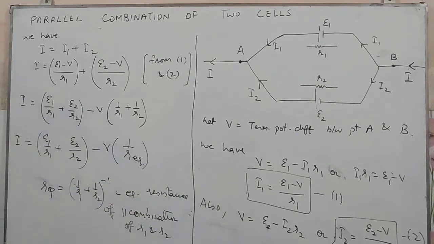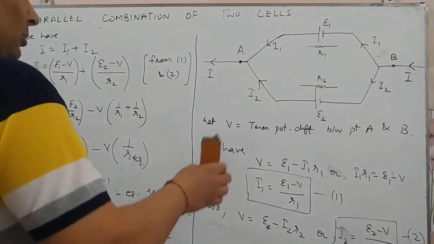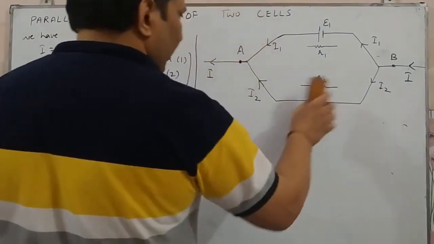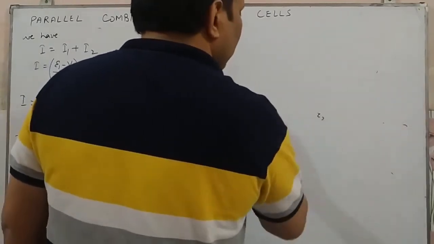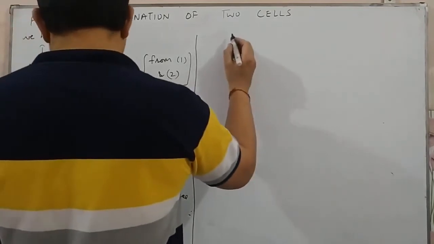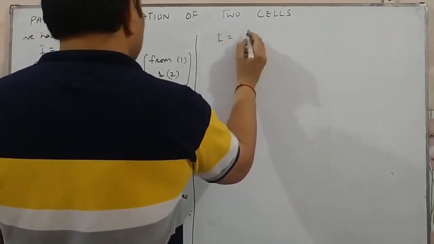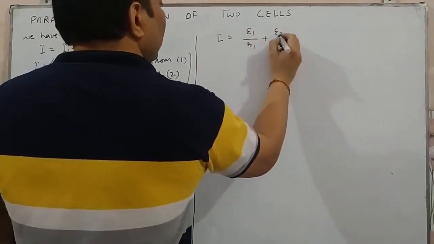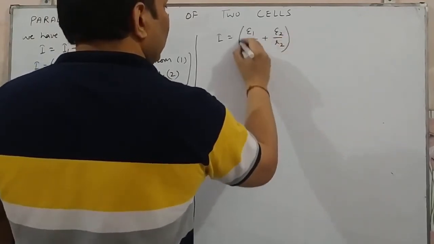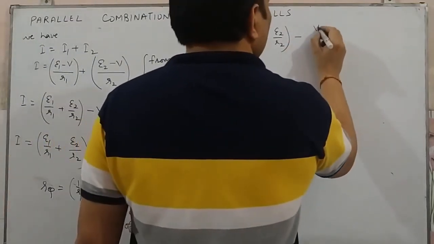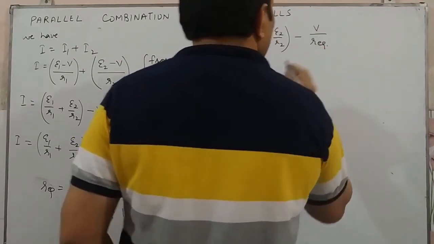Now some more change has to be done. I am redrawing this diagram because I need more space for the solution. Now we have I equals E1 upon R1 plus E2 upon R2 minus V upon R equivalent.